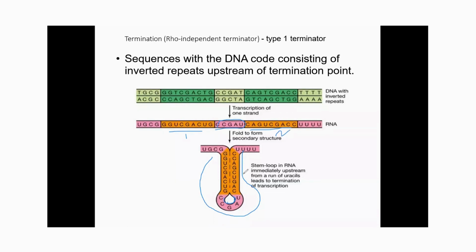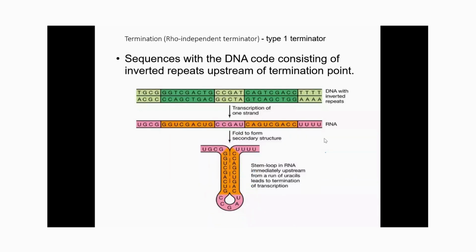So region 1 is complementary to region 2, and because of that, a double strand of the RNA molecule forms. This kind of structure is known as the stem loop, also called the hairpin loop. It is like a hairpin, hence the hairpin loop formation takes place. After the formation of the hairpin loop, the synthesis of the RNA stops there.